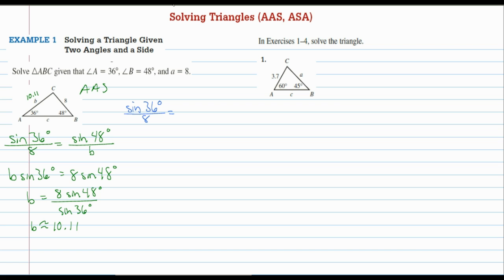Angle C can easily be found by taking 180 degrees, the total angle degrees in a triangle, subtract 36 and subtract 48, and I'll get angle C is 96 degrees.